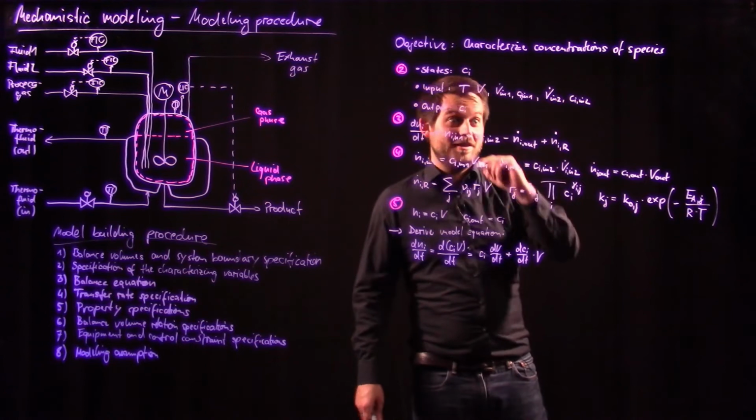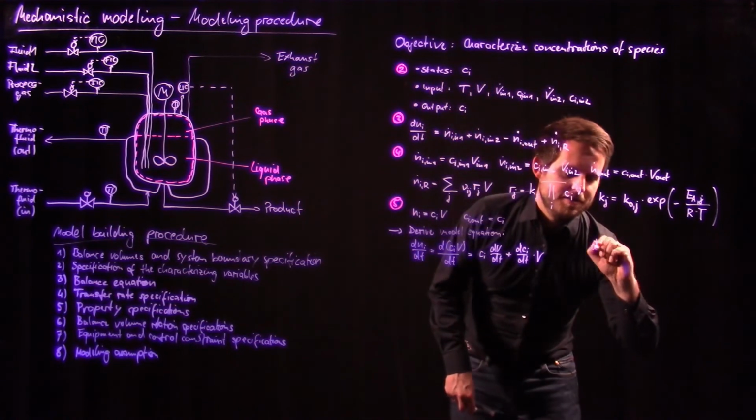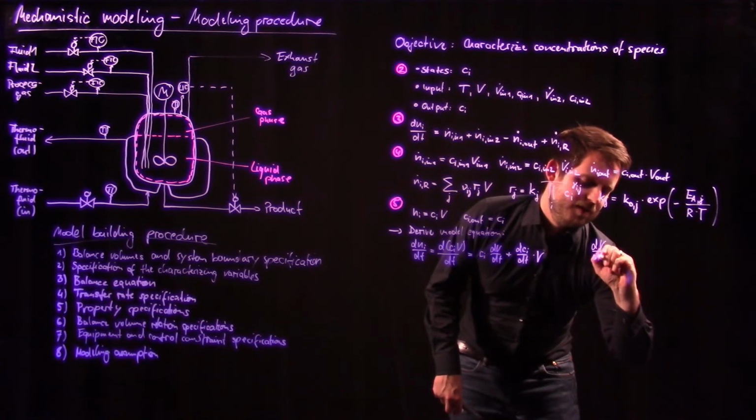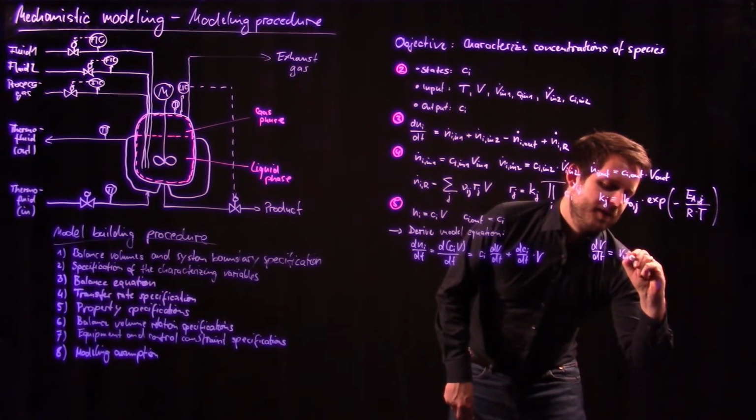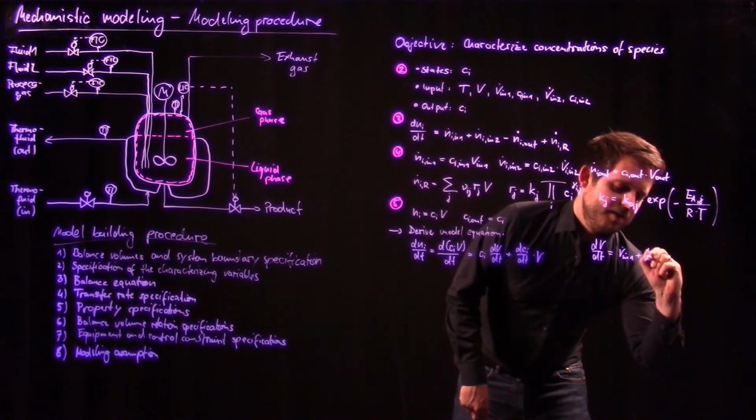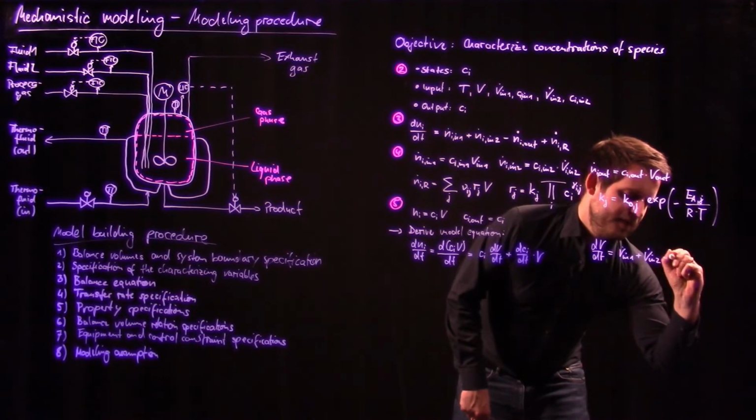We learned it in the last video, and there was this equation that said dV/dt is equal to V dot in 1 plus V dot in 2 minus V dot out.